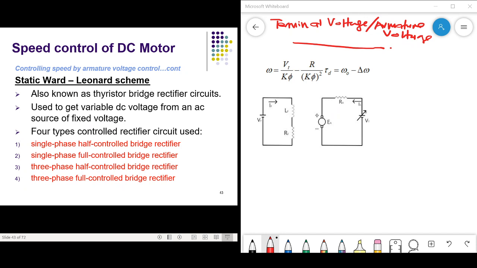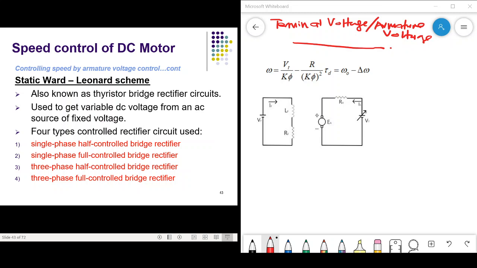It is also known as the thyristor bridge rectifier circuit, and we use it to get a variable DC voltage from an AC source of fixed voltage, which means that we use a rectifier circuit.